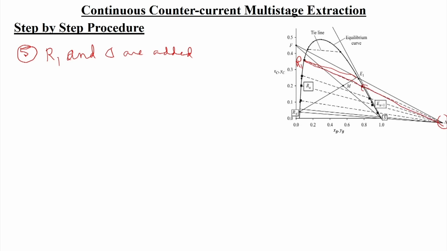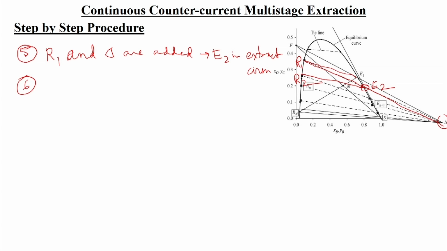Now, we will be getting E2 here. Okay. If these are added, then we will be getting E2 in the extract arm. Now, again from E2 we draw the tie line, then it will be R2.